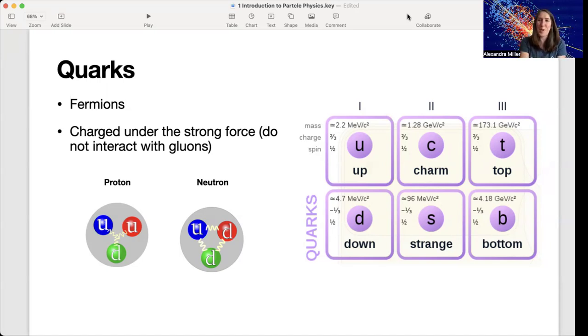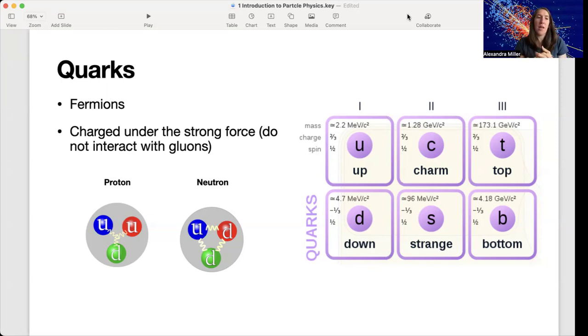Right? If you do some fractions real quick. The neutron is 1 up, which is 2/3 of a charge, and then 2 down quarks at minus 1/3 each. So 2/3 minus 1/3 minus 1/3. So that's neutral. This fact that we have these 3 quarks combining to make an integer charge is not unique to the proton and the neutron.